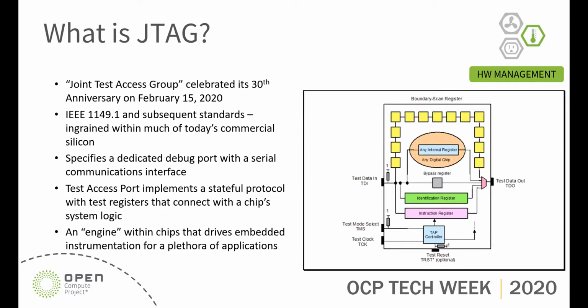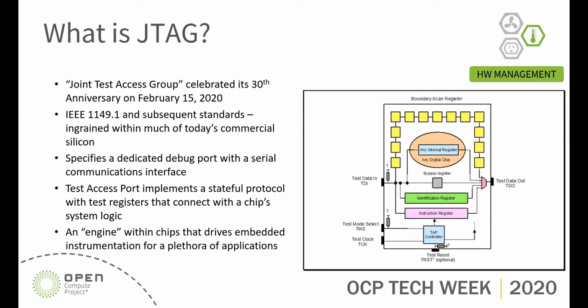In yellow, at the periphery of the device, behind each pin, there is a boundary scan cell, which acts as a serial shift register. So we can shift data serially around the perimeter of the device and then come out TDO, and also in parallel to and from the outside world via the pins, and to and from the internal system logic of the chips.